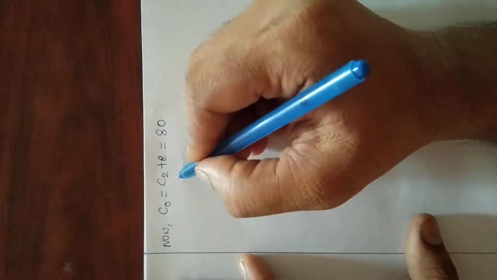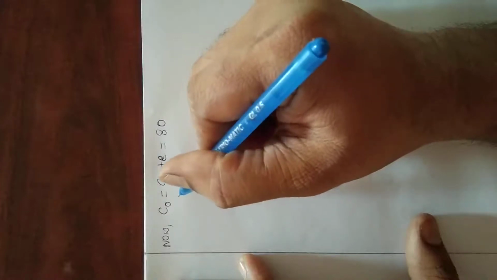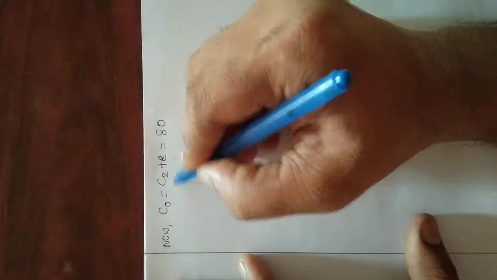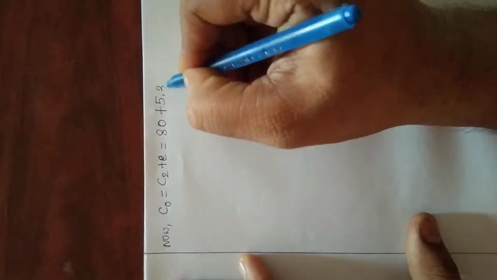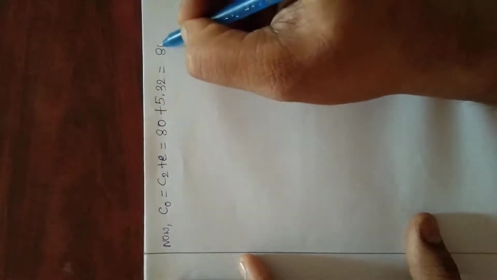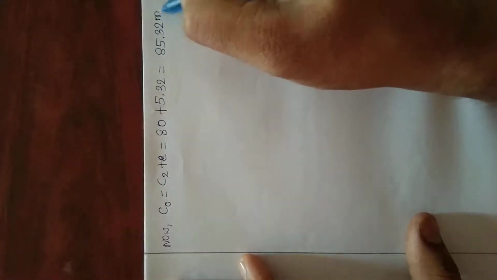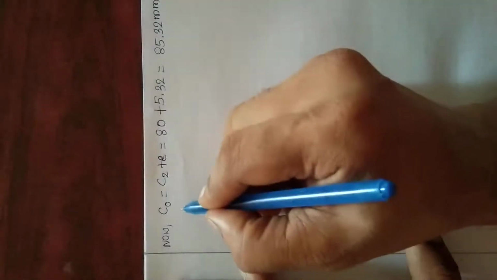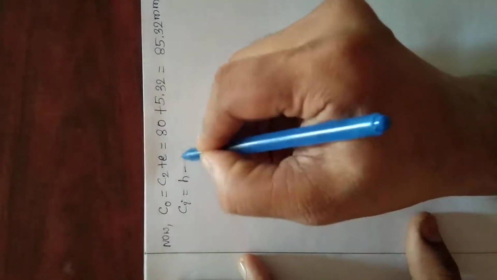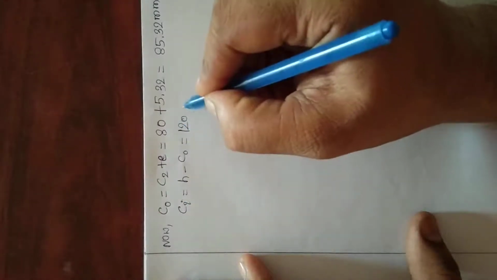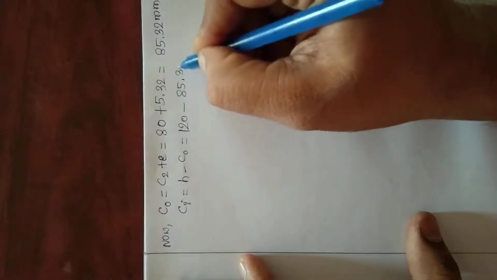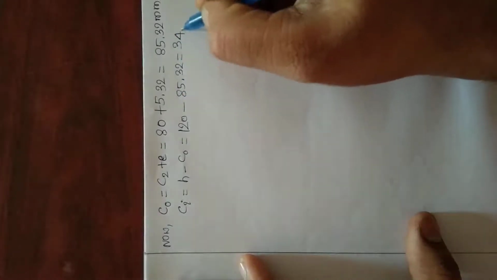C naught is equal to C2 plus E, 80 plus 5.32, I got 85.32 mm. So now Ci is H minus C naught. So total depth minus C naught, I can find Ci. So this is 120 minus 85.32, I got 34.68 mm.